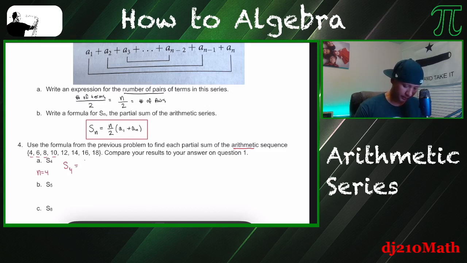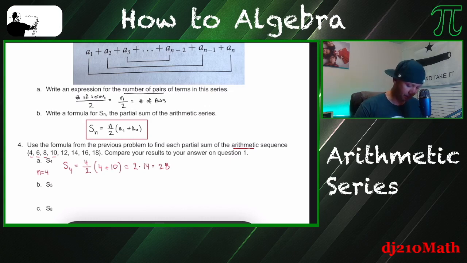So n is 4 divided by 2 times a sub 1, which is the first term, plus the last term of the set that I want to add up, which would be 10. So this would be 4 divided by 2 is 2 times 4 plus 10 is 14. So that's going to be 28. We'll compare in a second, or you could pause and look right now.